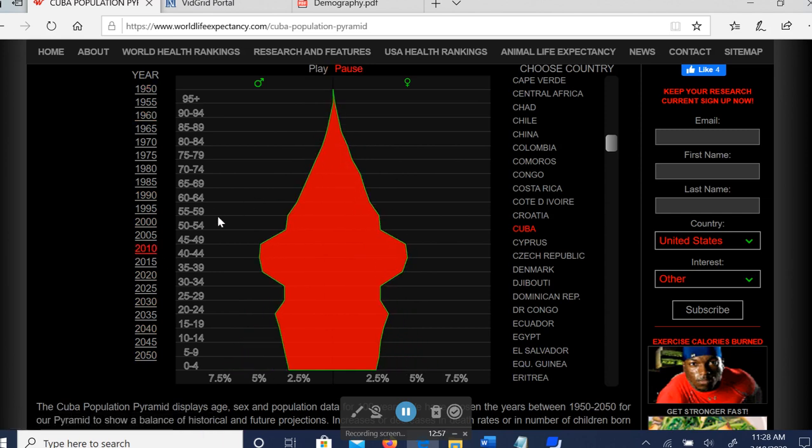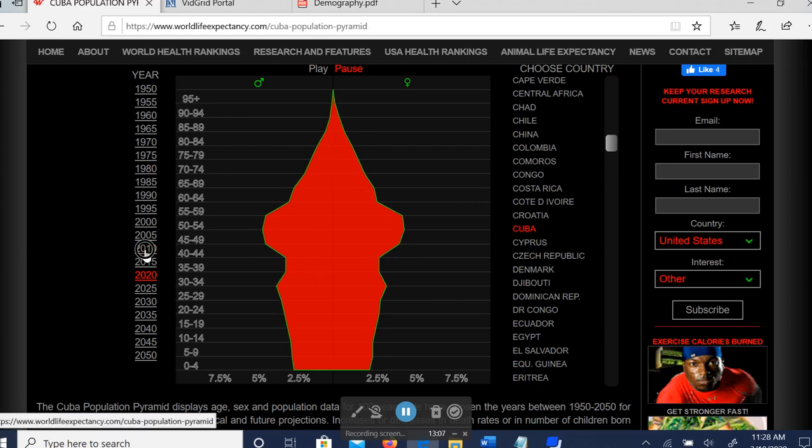So in the 2010s, there are more middle-aged population for both sexes, and this middle-aged population is going to move to another age range in 10 years from 2010 to 2020.